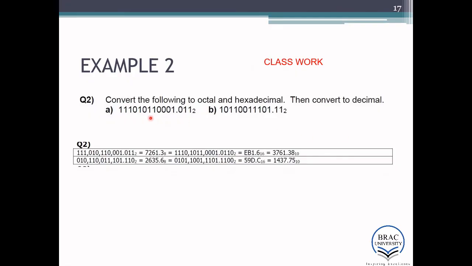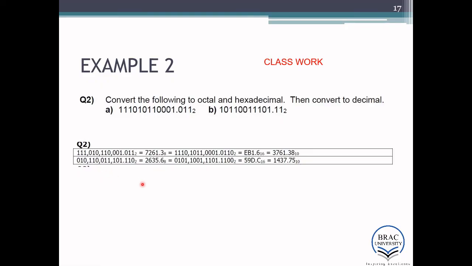Convert the following to octal and hexadecimal. Another class work. So you have the given binary, and you need to convert it to octal. Make groups of 3 bits, write the equivalent octal number, right? And then octal to binary again and binary to hexa.